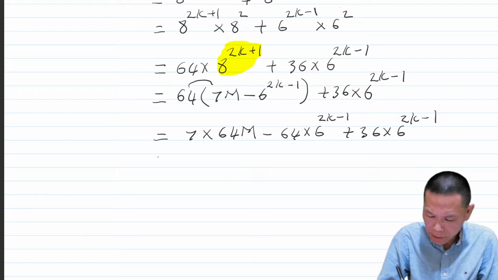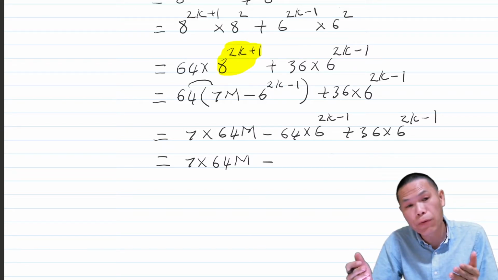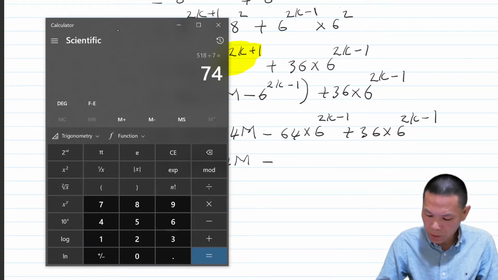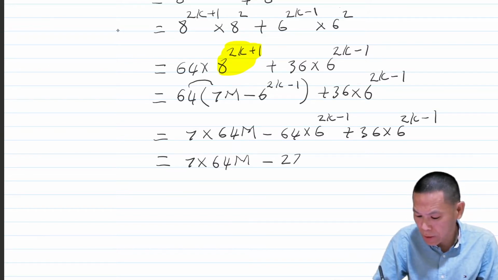So that is equal to 7 times 64m, minus 64 minus 36, which is 28, so 28 times 6^(2k-1).